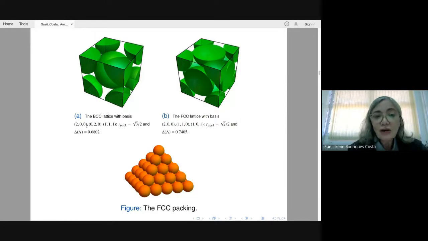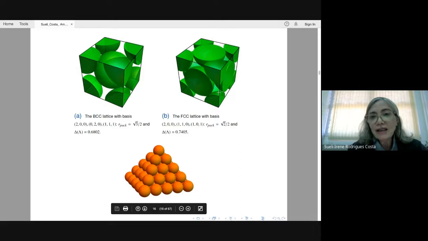So these are the sides of a cube, and this is the center of the cube. And this is the FCC lattice. But here we are centering the faces of the cube: the points in the lattice are at the corners and in the middle of the faces. We are going to see next that this is the best packing density realized in R^3.